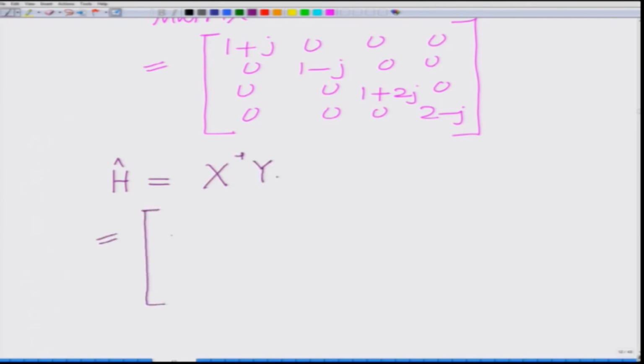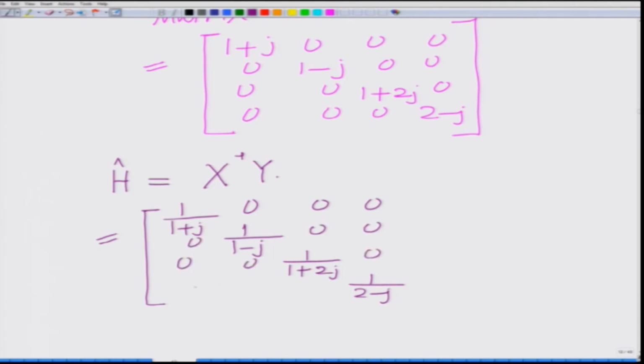So, the inverse is simply the inverse of each of the diagonal elements, that is the reciprocal of each of the diagonal elements, 1 over 1 plus j, 1 over 1 minus j, 1 over 1 plus 2j, 1 over 2 minus j, which is basically multiplied with your output vector containing the symbols received across the subcarriers, that is Y bar.